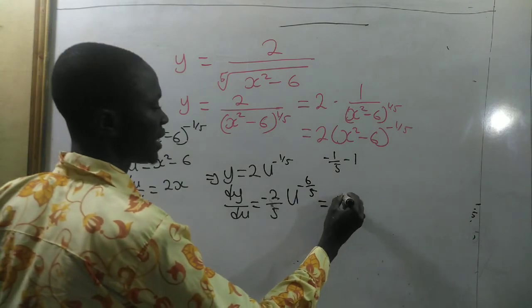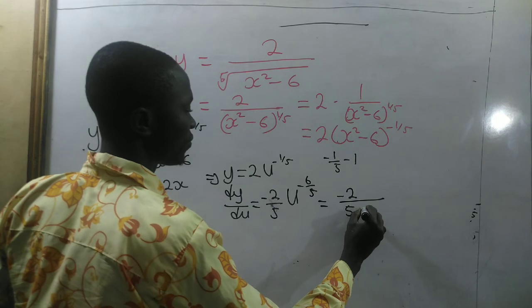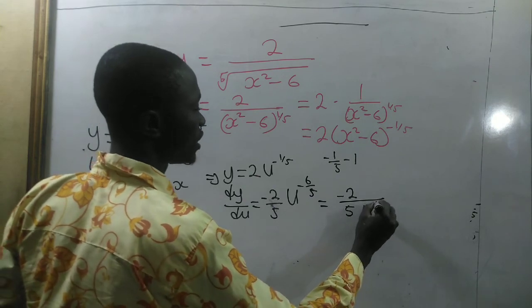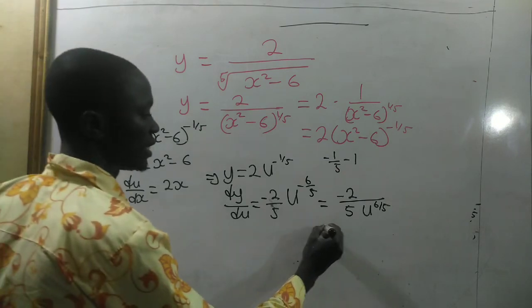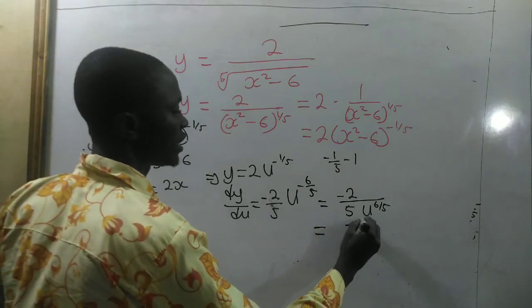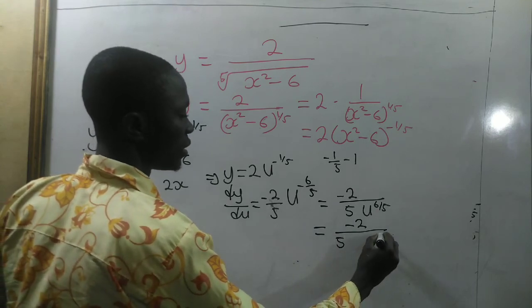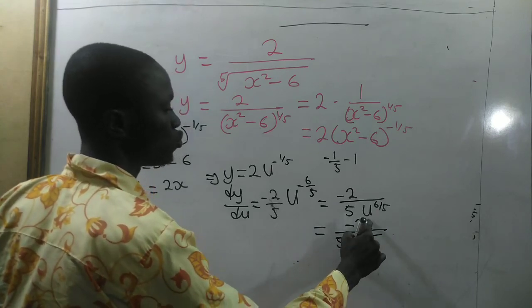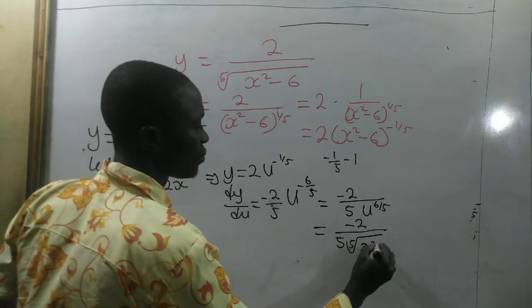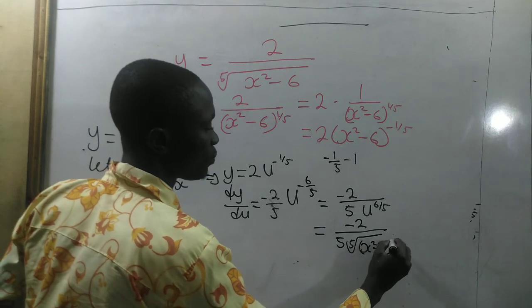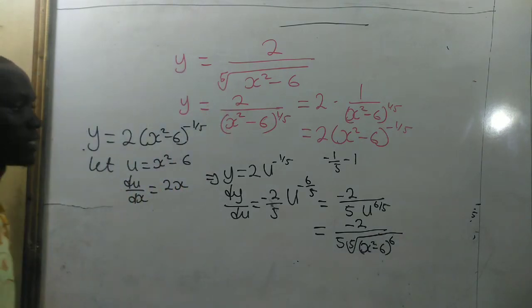So this is the same as negative 2 on 5 times u to the power positive 6 out of 5. Very simple as that. And this is the same as negative 2 divided by 5 times the 5th root of u to the power 6. And what is u? x squared minus 6. So I have x squared minus 6 to the power 6. Wow. Very simple as that.